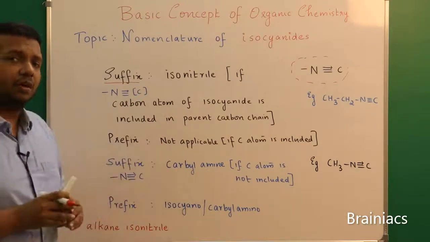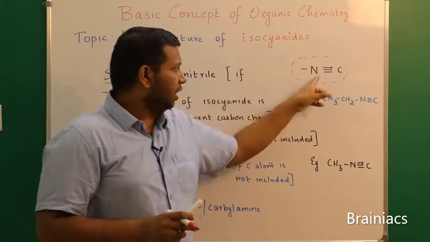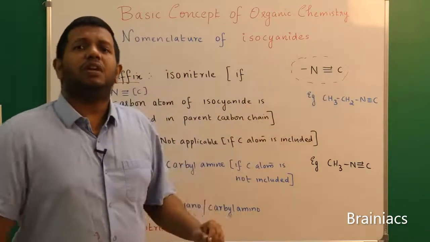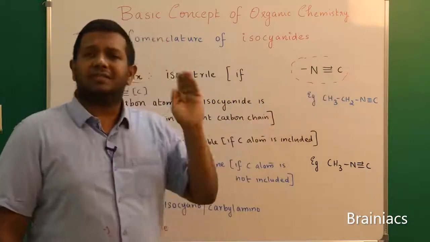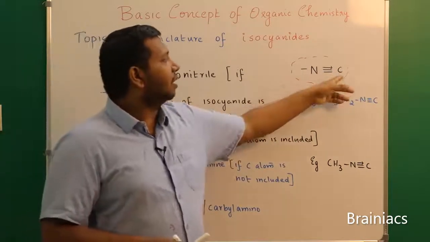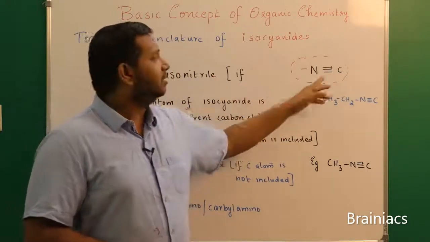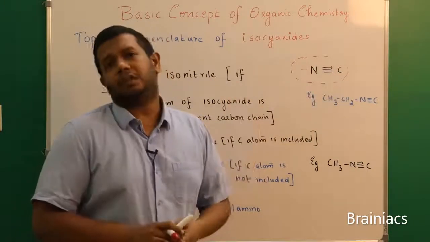Here many students will have a doubt: sir, it starts with N and here it is C, so it is not the carbon which is connected, then why do we need to include this carbon in the parent chain? This is a common doubt, but as per IUPAC, this carbon atom is considered present in the functional group, and we can say this carbon should also be included in the parent chain.